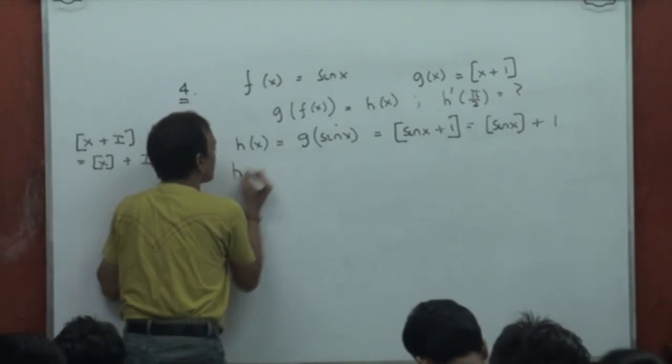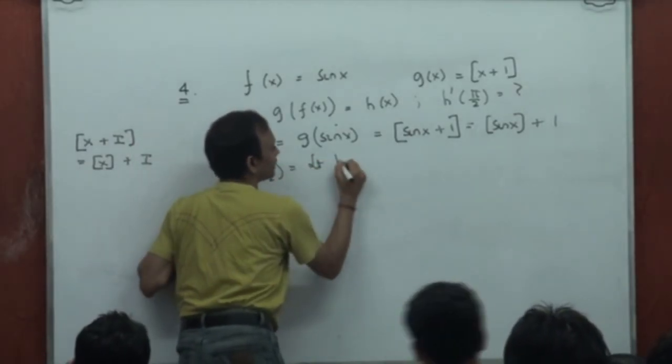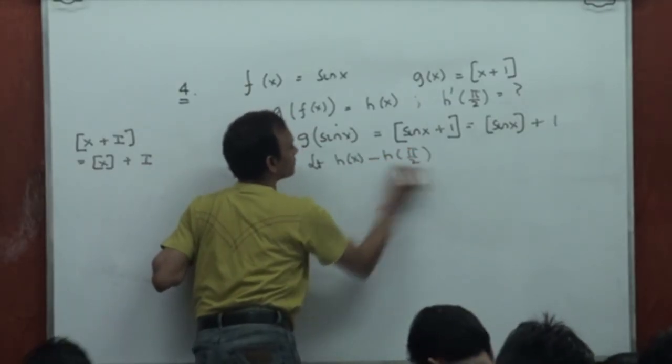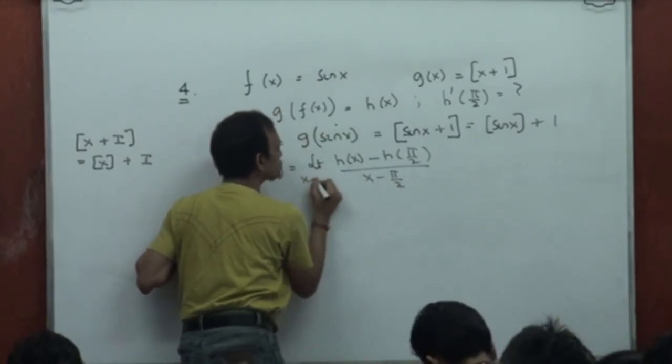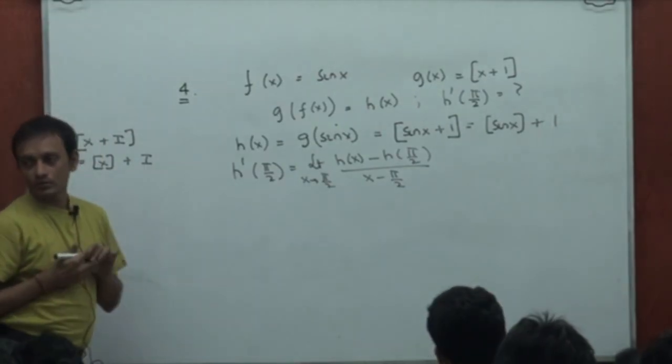Now, h dashed pi by 2 is limit h of x minus h of pi by 2 by x minus pi by 2 as x tends to pi by 2. Definition.